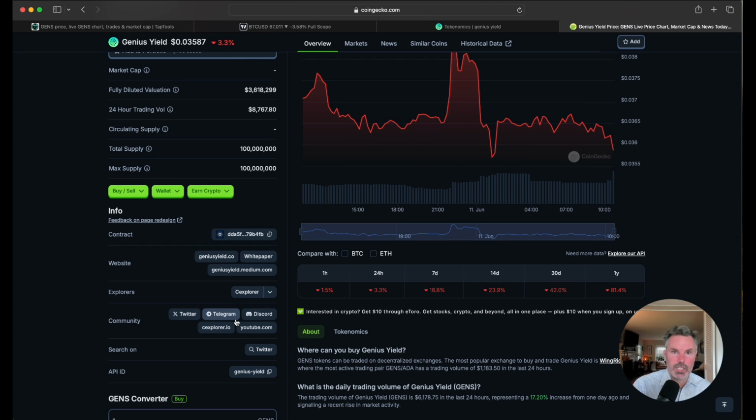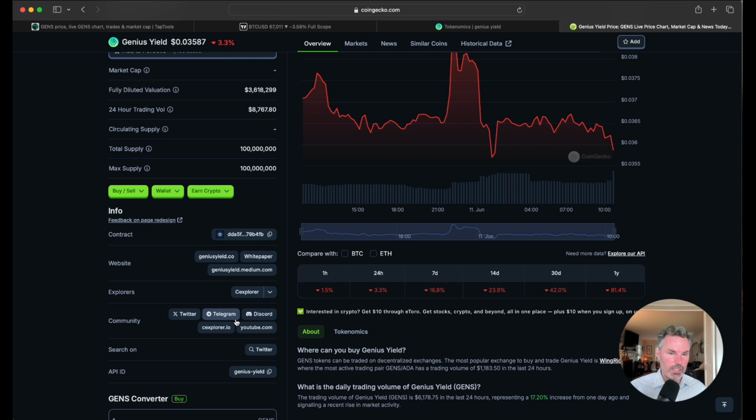And then for fun, we can just do it at like $1.50. How about? Okay. So what's that calculation? You already know the number's going to get higher, and that's what we want. Because you could make the argument that Genius Yield will eclipse 62 cents in the bull run, maybe, right? Because it's its first bull run. It's never had a bull run.